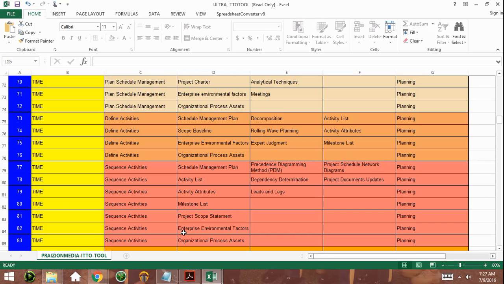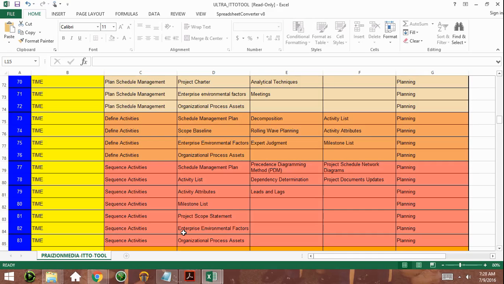In the tools and techniques, bottom-up estimating is definitely the only estimating approach used in this process. I know the output is activity cost estimates. No, sorry. What am I saying? Activity resource estimates. Oh, how students suffer. Activity resource estimates.